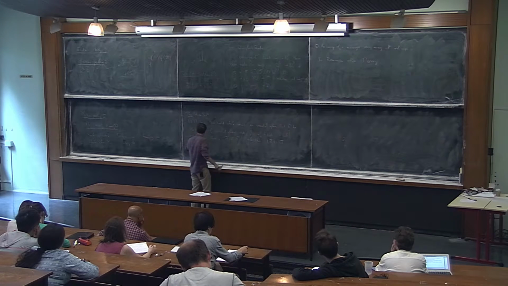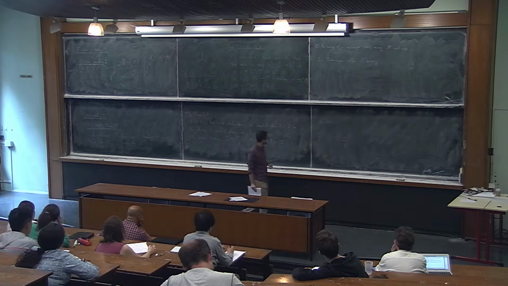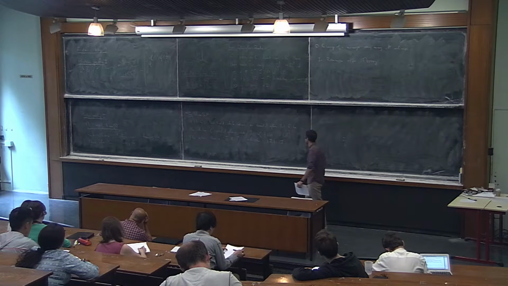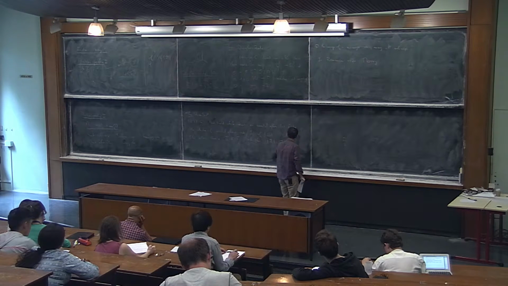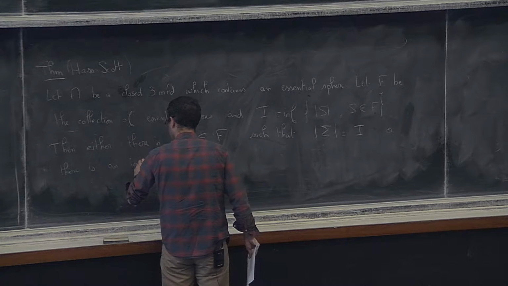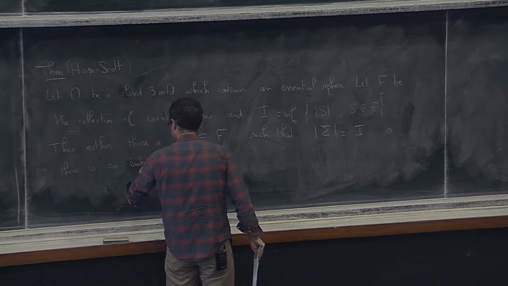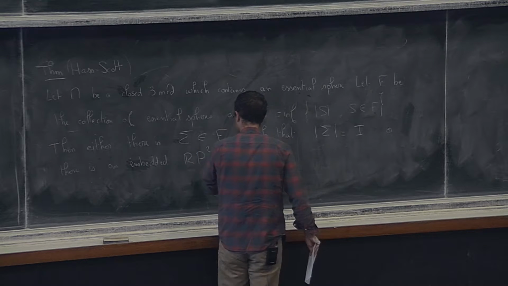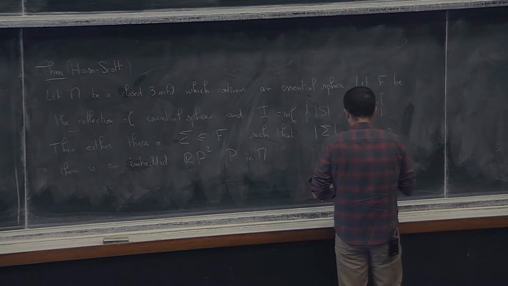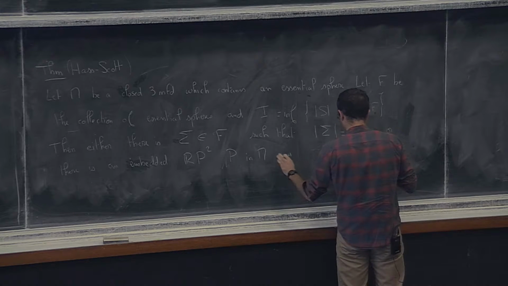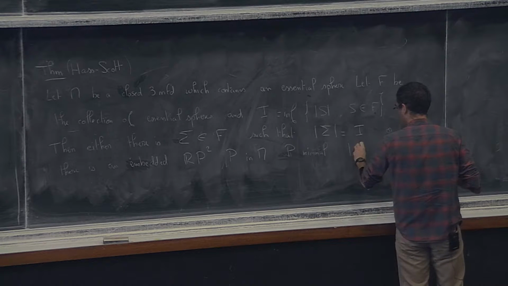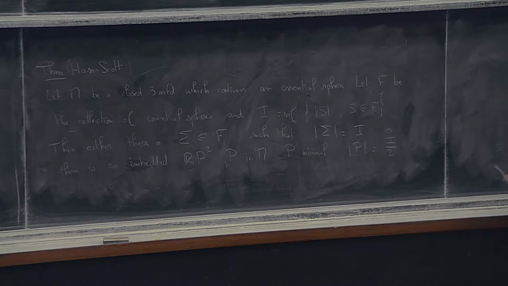Either you get exactly this: an essential sphere whose area is the least among the areas of all essential spheres, or there is an embedded RP2, P in M, which is minimal, with area of P equal to 1/2 this number.